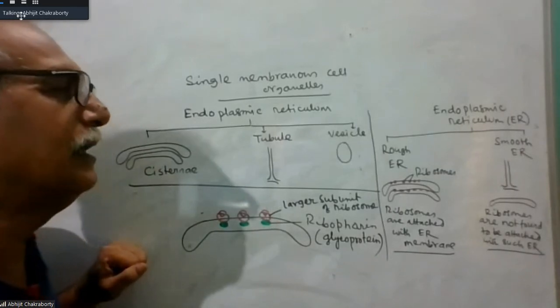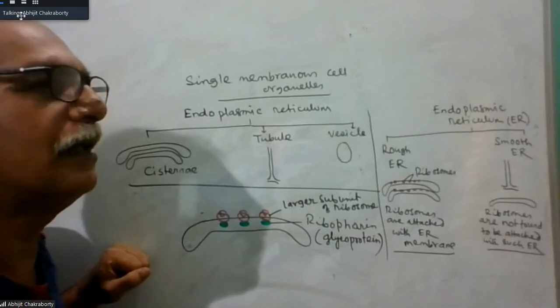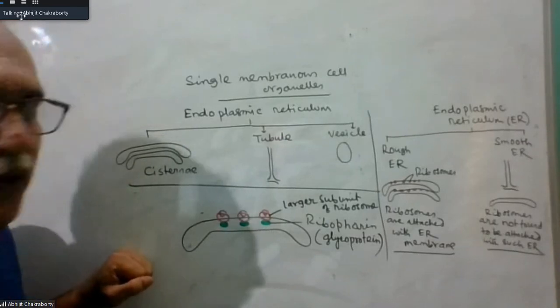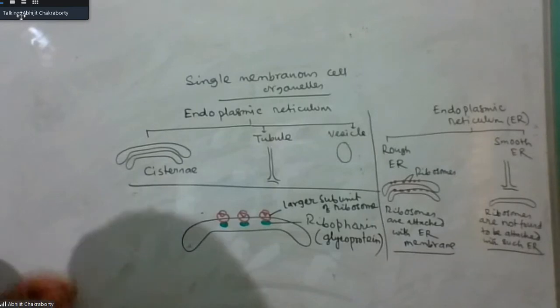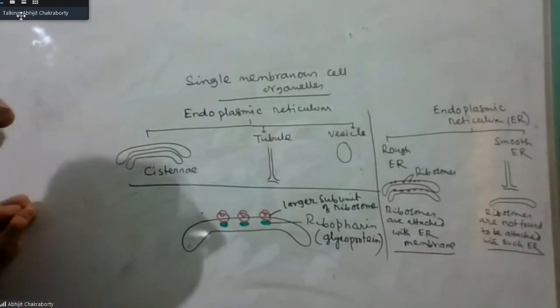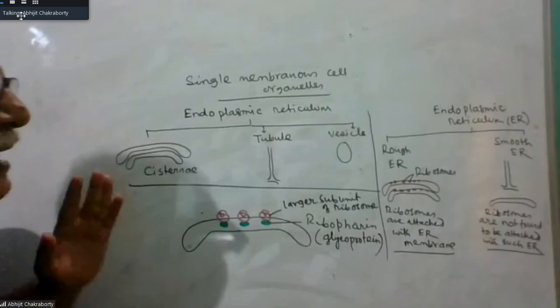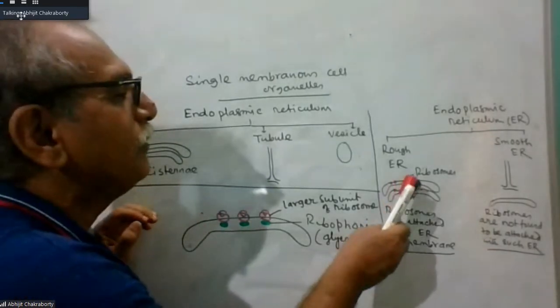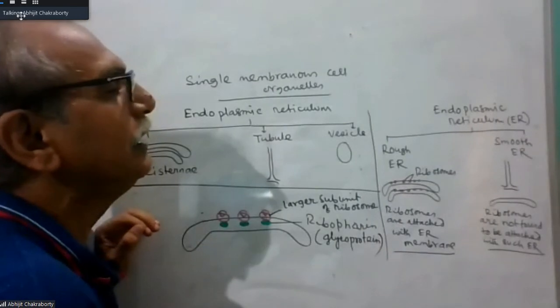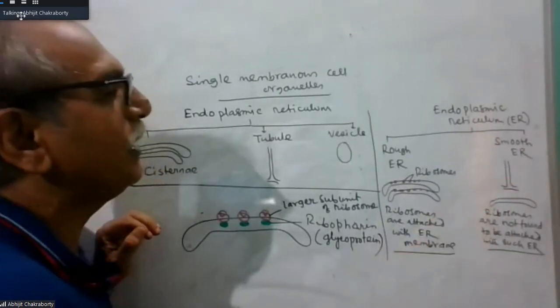That's why I say rough ER is abundantly found in the pancreas and liver, whereas smooth ER is found in the adipose cells, some muscle cells, and intestinal cells, where lipid and steroids are synthesized. Is it clear now? In rough ER, ribosomes are found to be attached. In smooth ER, ribosomes are not found to be attached.